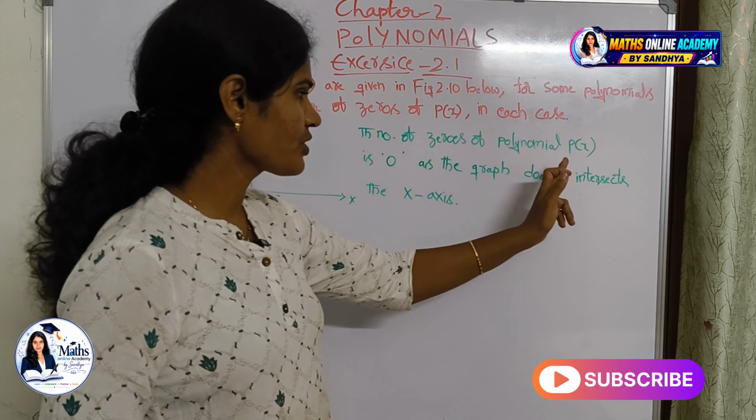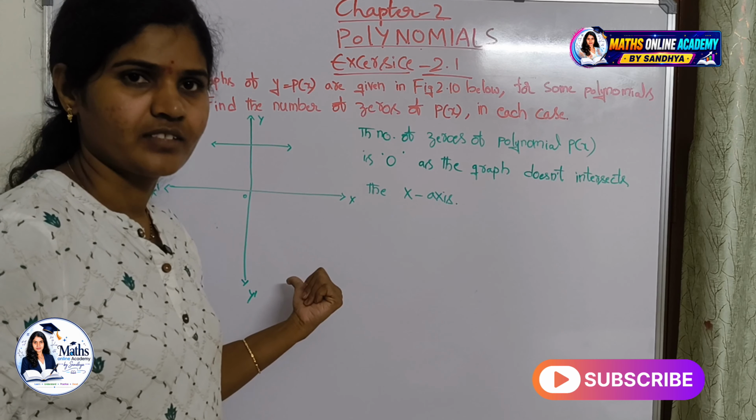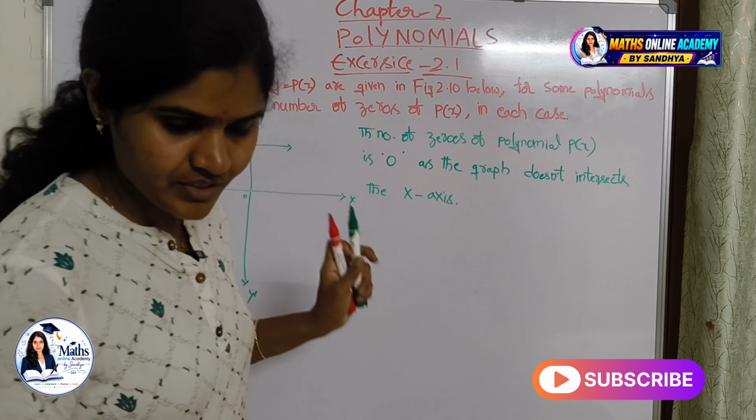So the number of zeros of a polynomial is 0. This is the first one.